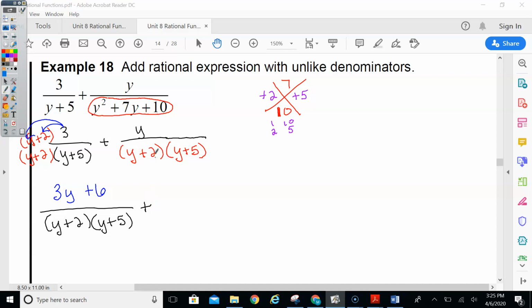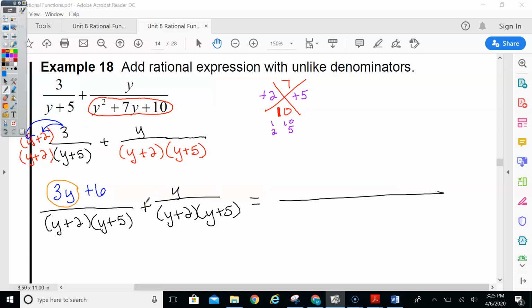Plus, this one is already y plus 2, y plus 5, so this one just stays. So now that the denominators are the same, now I can add them together, combine like terms in the numerator. So 3y plus y makes 4y.